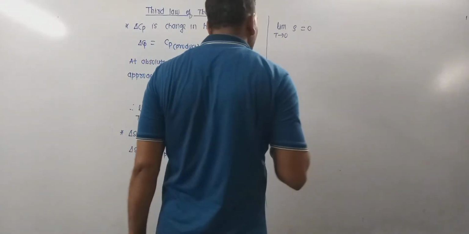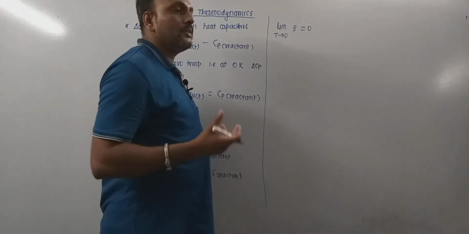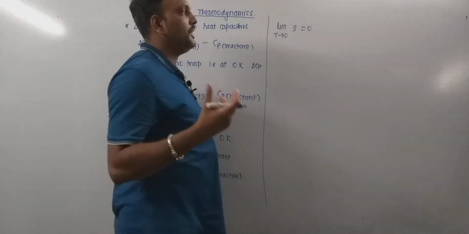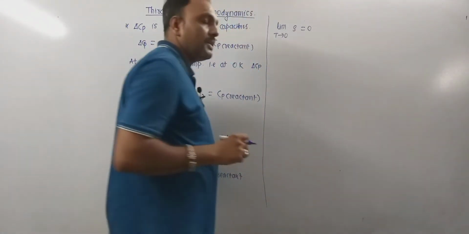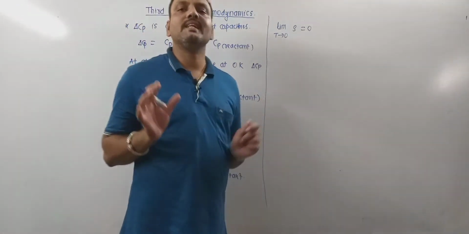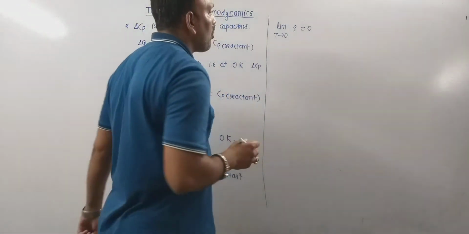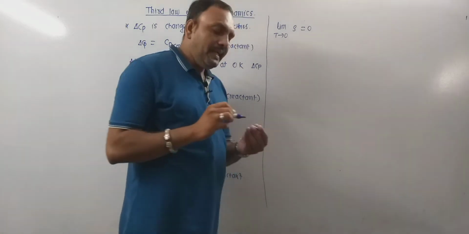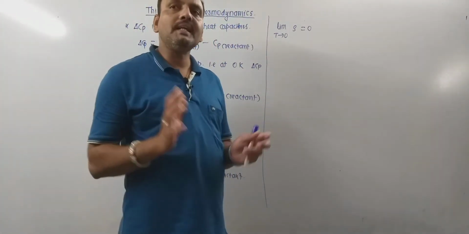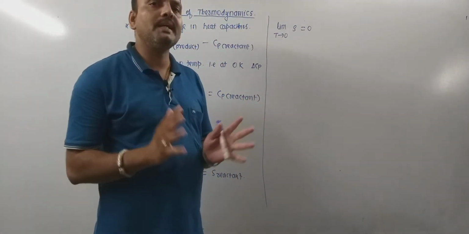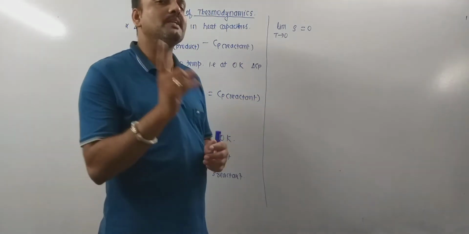So this leads to the enunciation of the third law of thermodynamics. So what does the third law say? Remember, according to the third law, the entropy of any substance at absolute 0 of temperature, that is 0 Kelvin.